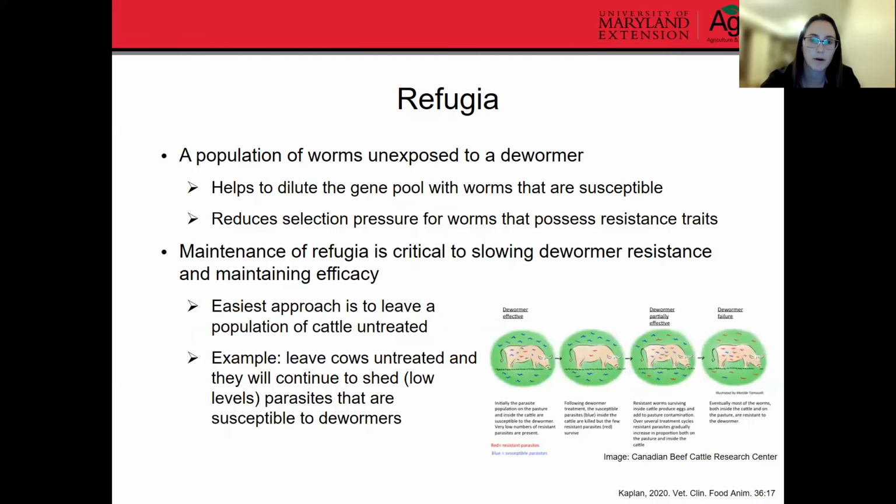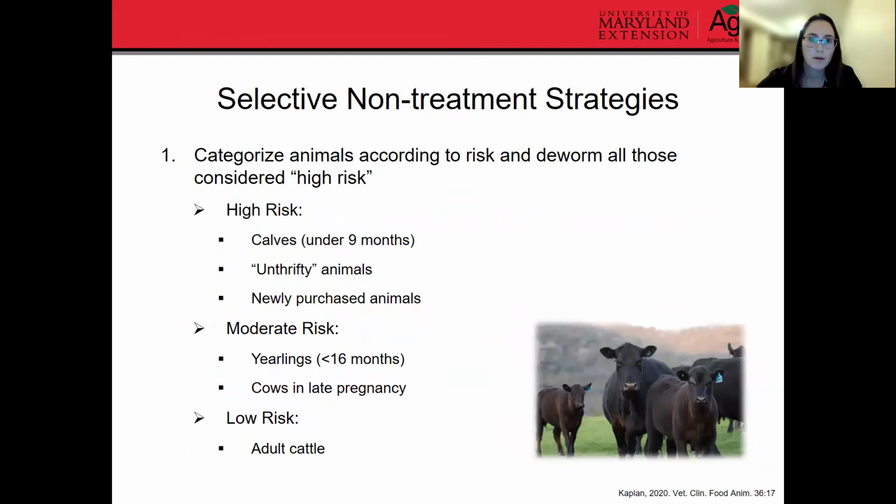And it's the easiest approach we have to helping us to slow dewormer resistance on farm. So there are a couple of different strategies that we can take, and I'll present a couple of them to you here from least to most intensive. So the first selective non-treatment strategy would be to categorize animals on the farm according to their risk level.